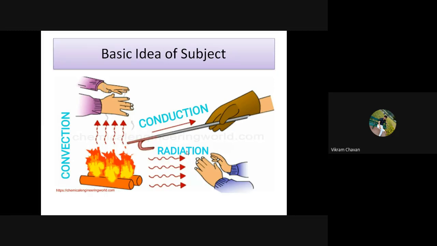Heat is transferred because of a temperature gradient only. Temperature gradient means the change in temperature with respect to distance. So this is our basic idea about the heat transfer subject.